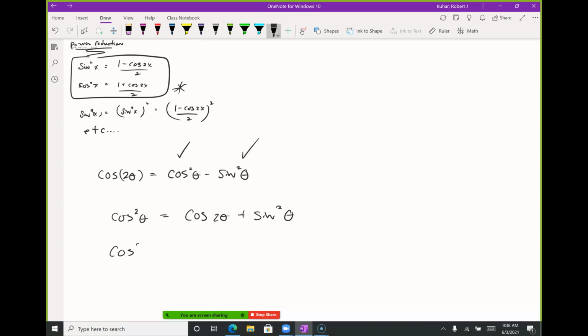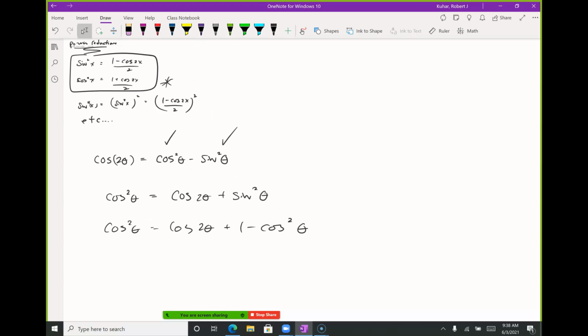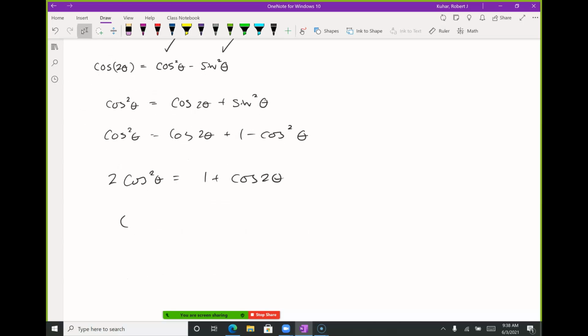So I've got cos of 2 theta equals cos squared theta, minus (1 minus cos squared theta). And you can already see it. I'm going to move my cos squared theta to the other side, so I'm going to have two of them. And then divide by the 2. And there's my power reduction. Really simple.